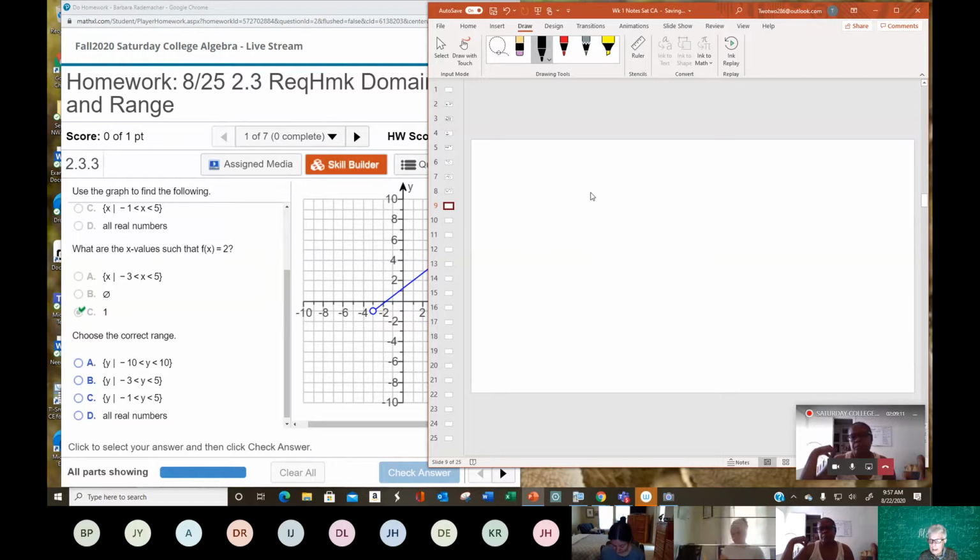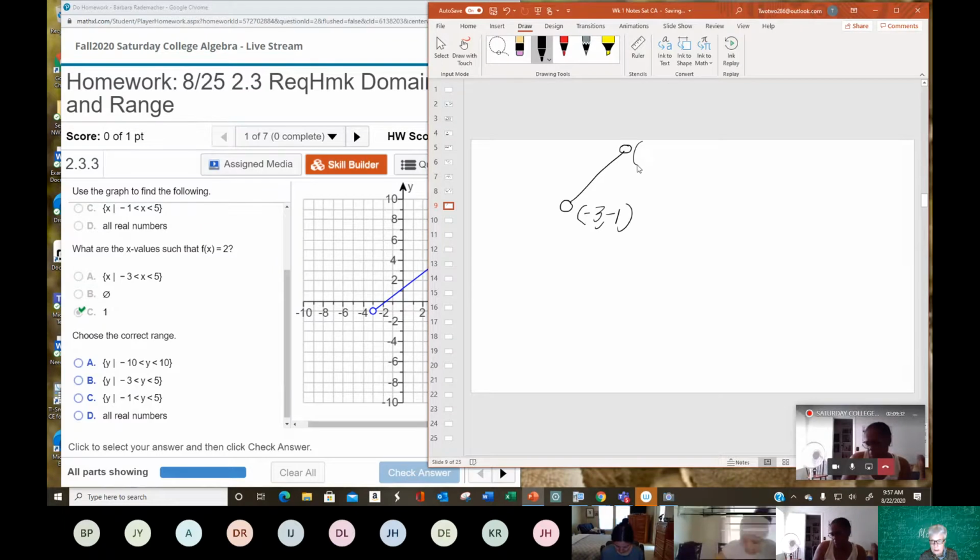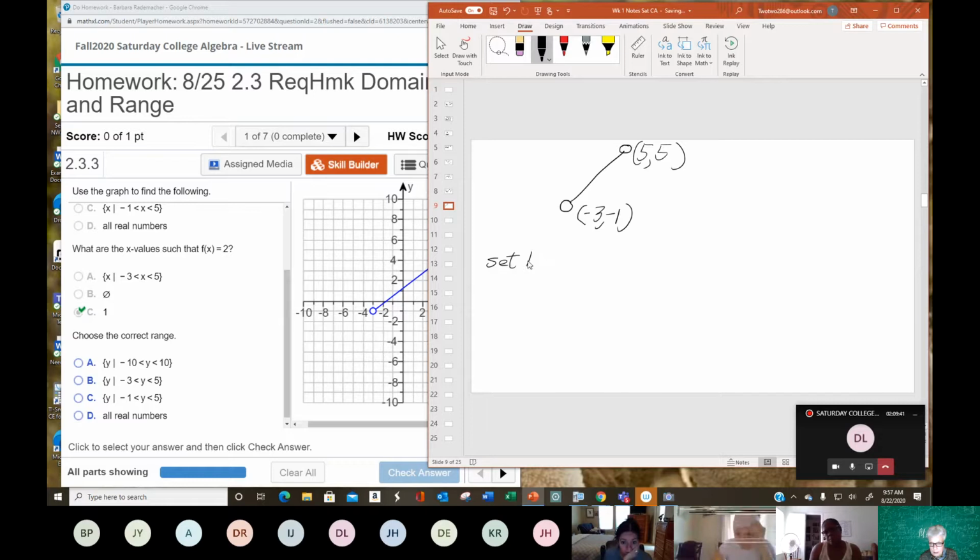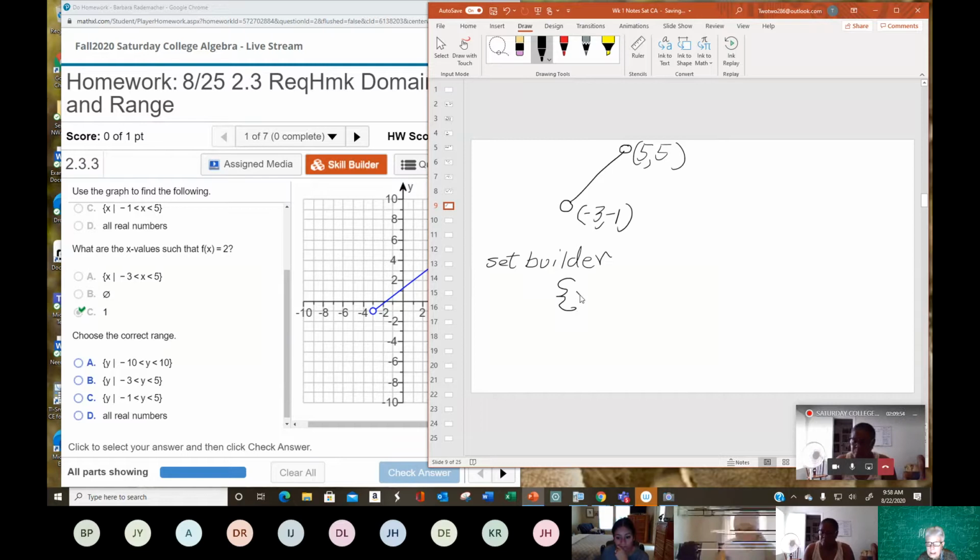Okay, now here we go back. If we have this, and we're using set builder notation, okay, we would do this.